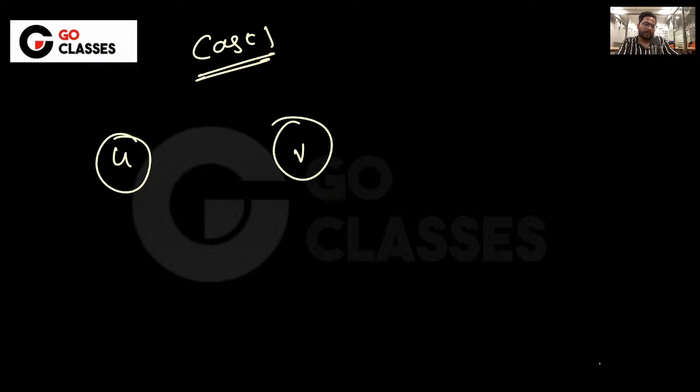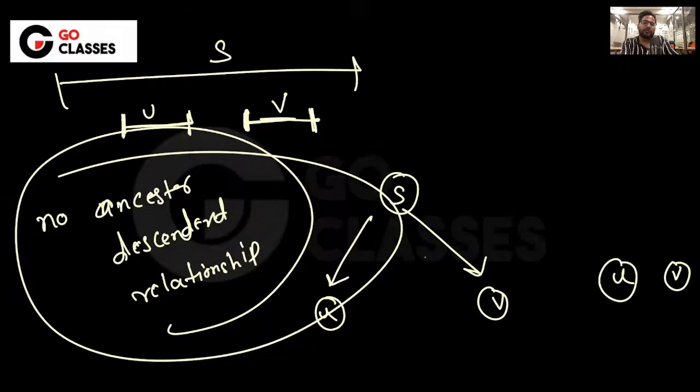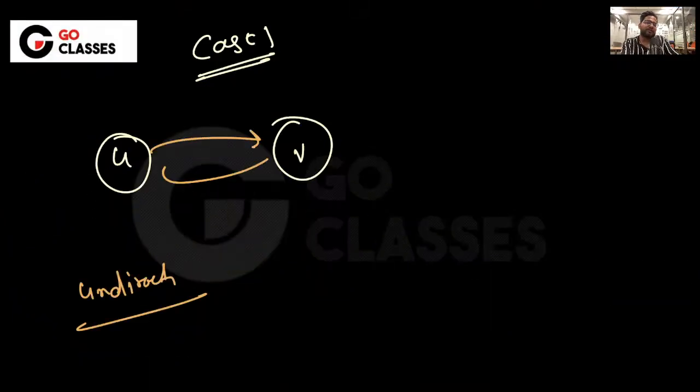Sorry, I mean to say that an edge could be there, but it could not be ancestor descendant. So case one is that it is an undirected graph. Now they're asking, is there a possibility? The question says that two vertices satisfy this, then there is no edge between u and v. Is there a possibility that you can have any edge something like this or less?